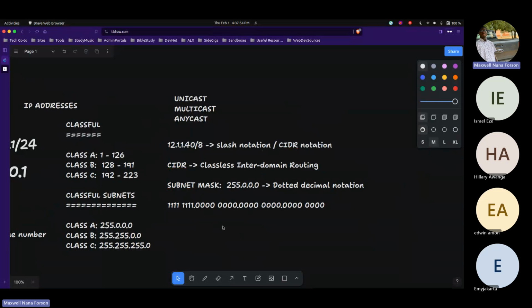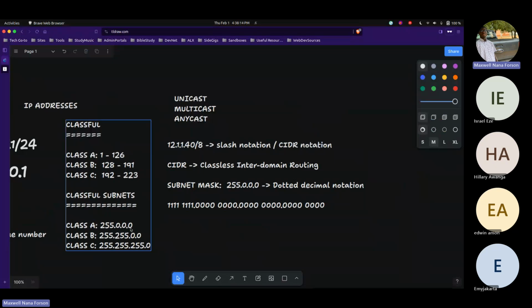But it's a way that we are able to go around the classful thing, right? Let's say I want to use an IP address in the range 1 to 126, but I don't want to use this kind of subnet mask, because think about it.